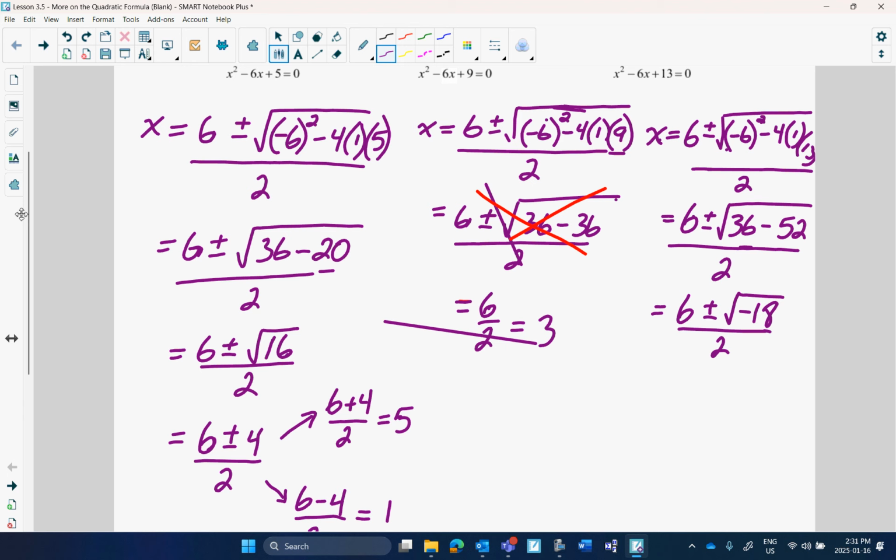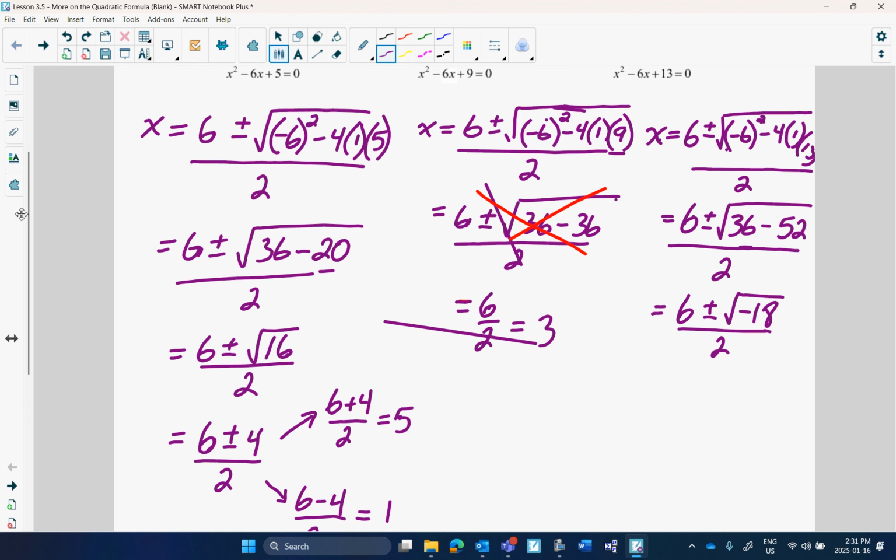What happened when there was no solutions or no roots? We got a negative under. So it seems to be whatever's happening under the square root tells me how many answers there are going to be. If the answer is positive under a square root, there's going to be 2. If it's 0, there's going to be 1.